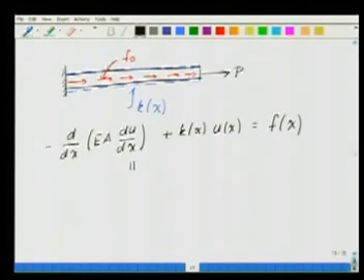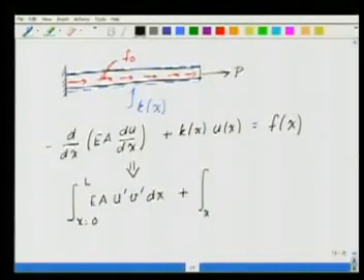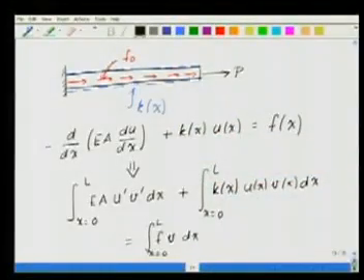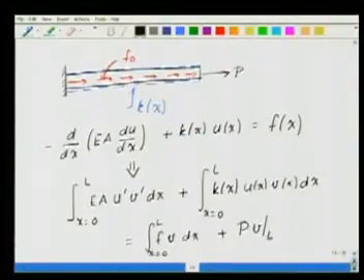So, the weak form for this problem will be, integral from x equal to 0 to L of EA, again by doing integration by parts, u prime v prime dx, plus integral from x equal to 0 to L of k of x u of x v of x dx, equal to integral from 0 to L of f v dx plus P v at L. So, this is going to be the weak form of the problem at hand.